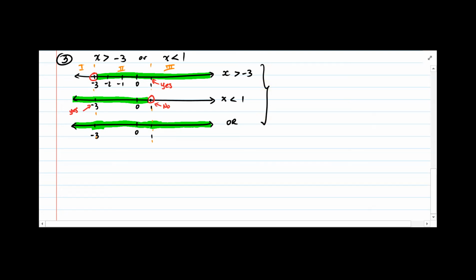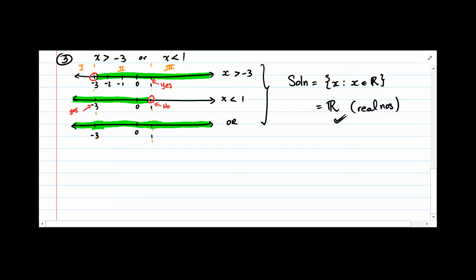Well, this is a bit interesting because now I've basically shaded the entire line. So my solution set, you have two ways of writing this. You can write this as a set of x's such that x is a member of R, or simply the solution set is the set of real numbers.